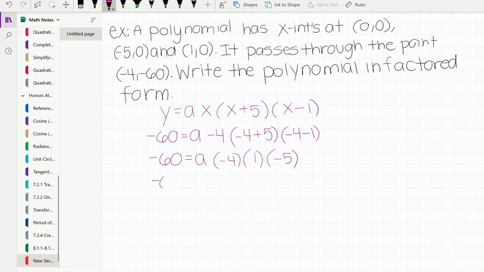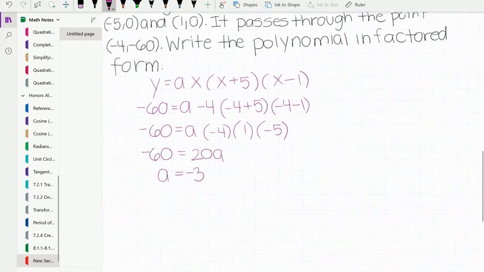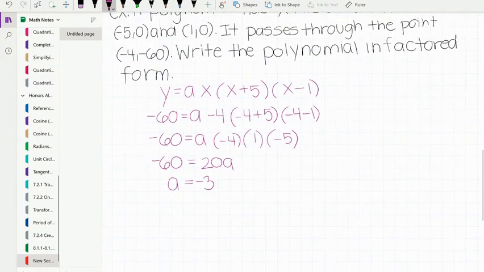So we have -60 equals a times 20. So we have 20a. So a equals -3. Because it's an odd degree and it's negative, this polynomial would start up and end down. So our equation would be p of x equals -3 x times x plus 5 times x minus 1.